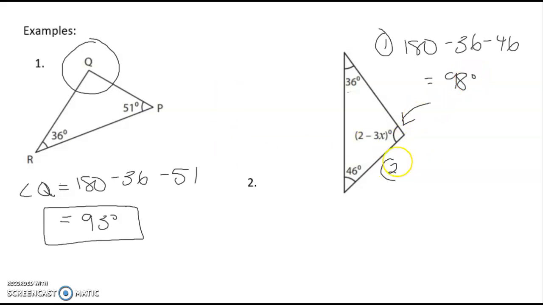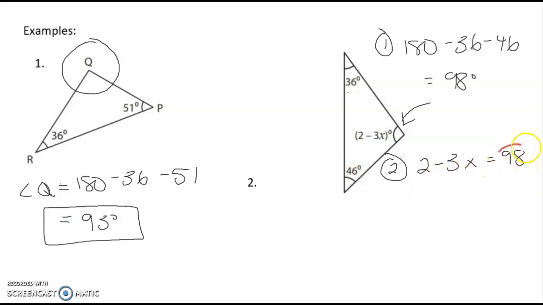So step 2 is we are going to take what we are told is that angle, so 2 minus 3x. So 2 minus 3x, and we set it equal to 98 degrees because that is how much we have left in this triangle. Okay, so now we want to collect like terms, okay?